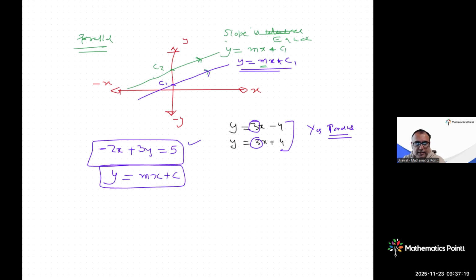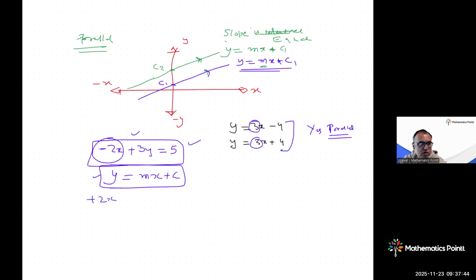You need to get this equation in the form of y equals something, which means make y the subject. So take everything away from y and leave y all alone. What's sitting with y? A negative 2x. So I'll add 2x on both sides.